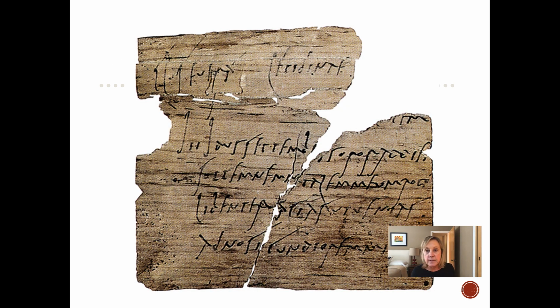This is another example of a handwritten document, in which a scribe would have used ink. And this writing is called calligraphy. And we have many fonts today, typefaces, that were built on calligraphy.